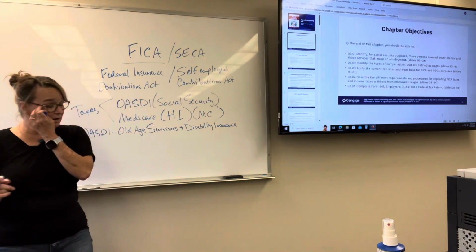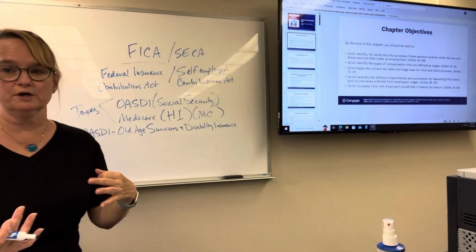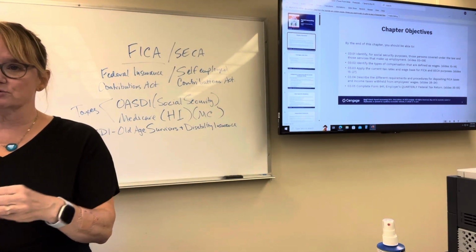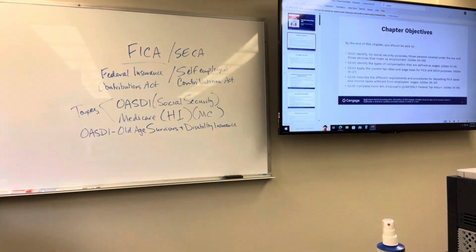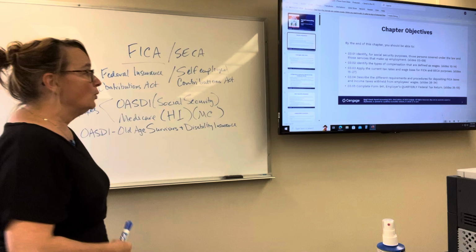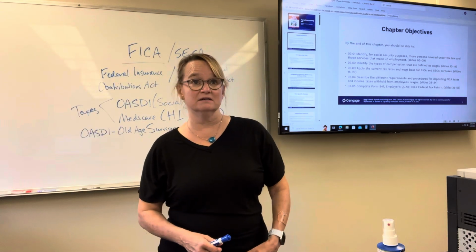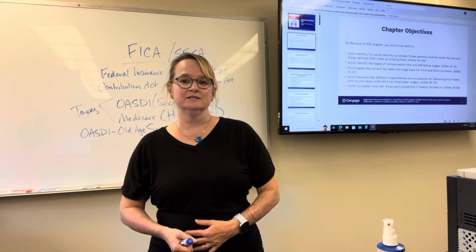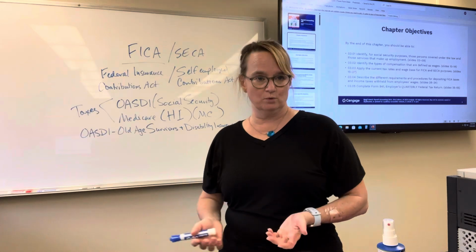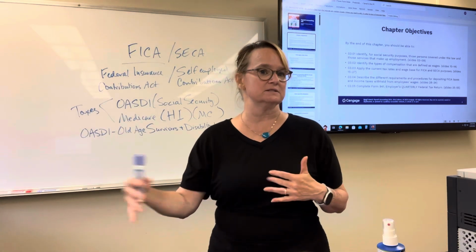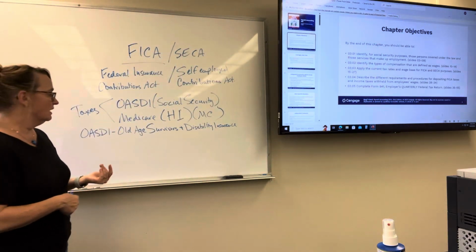Which means that most of us think of Social Security as a retirement benefit, right? You pay into Social Security all your life, and hopefully it's there for you when you retire. It's kind of like a traditional pension, where the calculation of the benefit that you get is not based on how much you put in. It's based on your highest years of earning, how many years of credits you have put in, and at what age you start taking benefits.